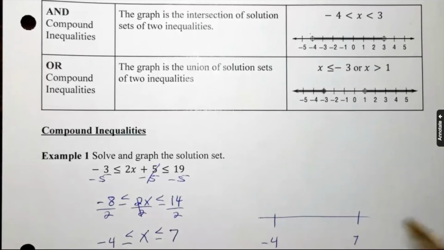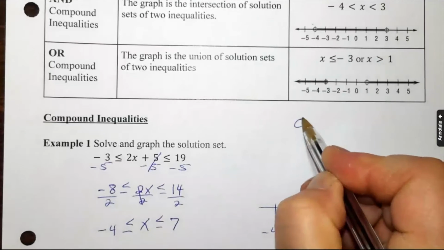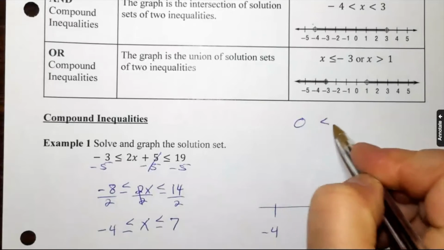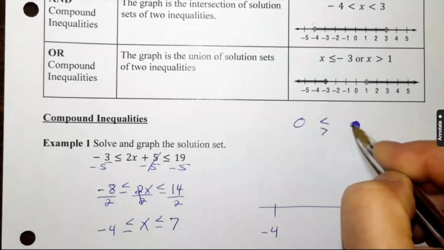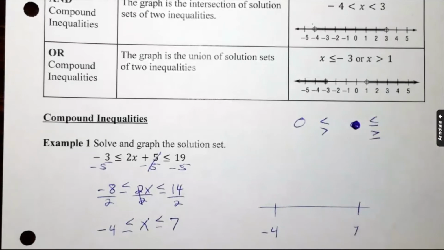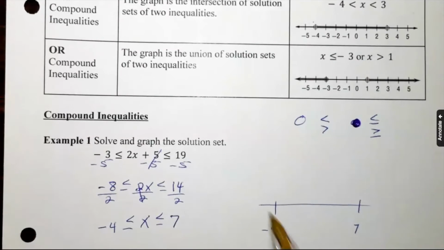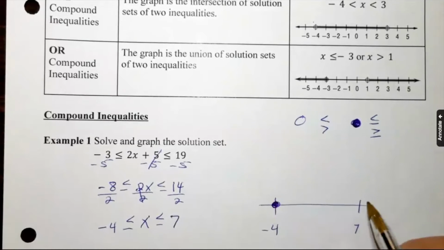-4 and 7 are on the graph. Remember that if it is open, that is for less than and greater than, and it is filled in for less than or equal to, greater than or equal to. We have closed circles at -4 and 7.